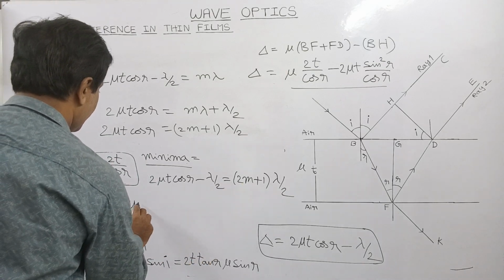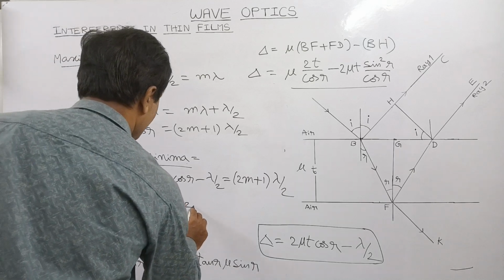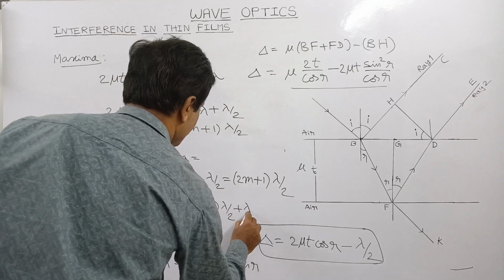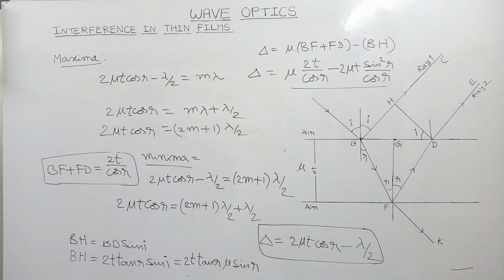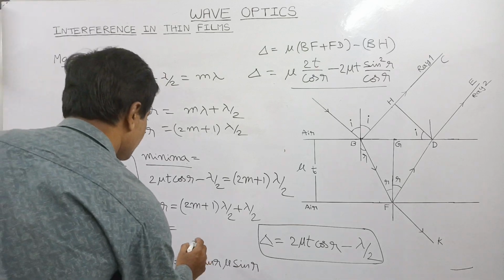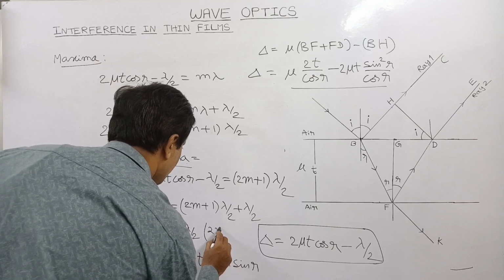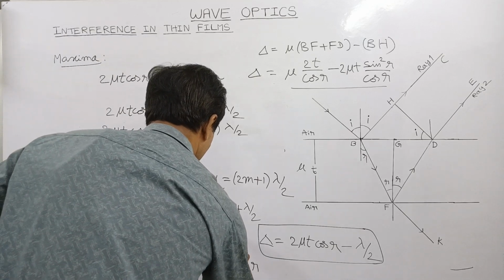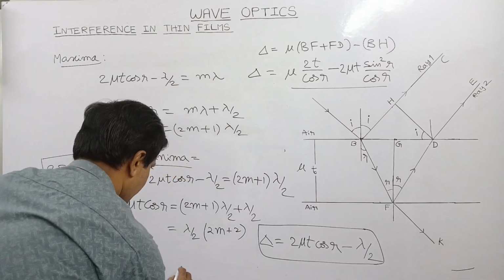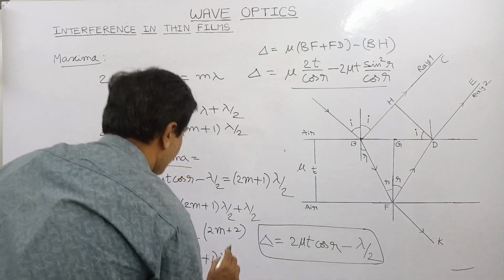By simplifying this equation, we can write it as (2m plus 1) lambda by 2 plus lambda by 2. Taking lambda by 2 out, this becomes lambda by 2 into (2m plus 1 plus 1, that means plus 2). Further we can write it as (m plus 1) into lambda.